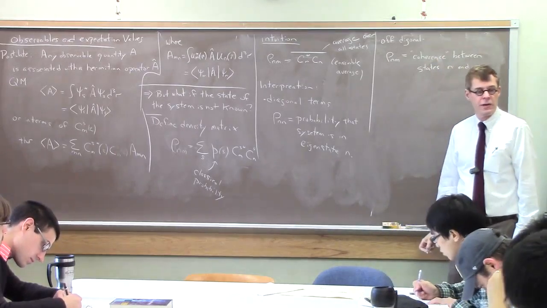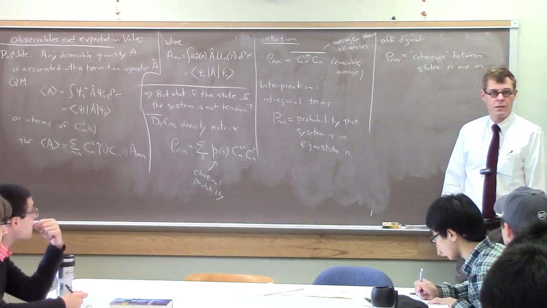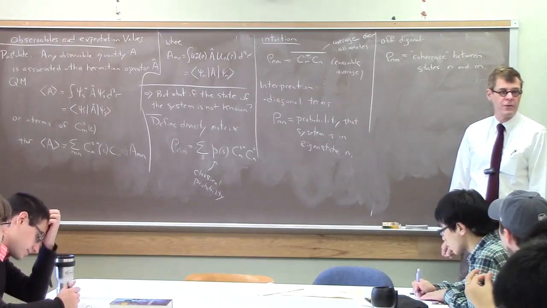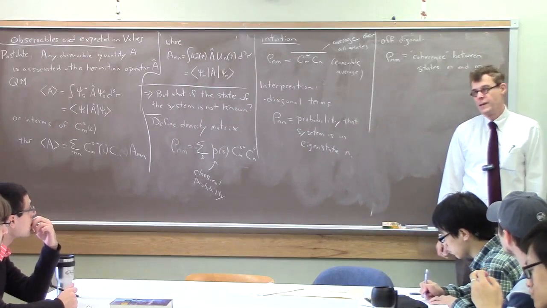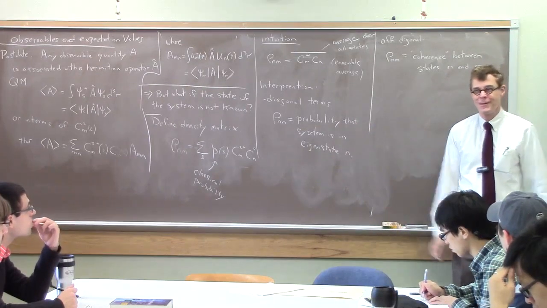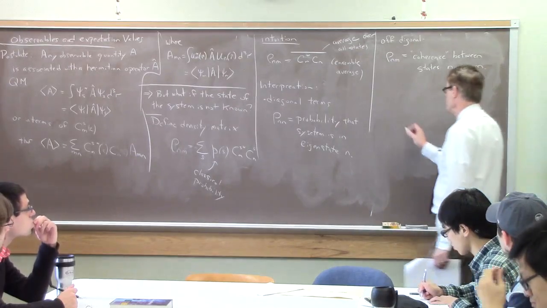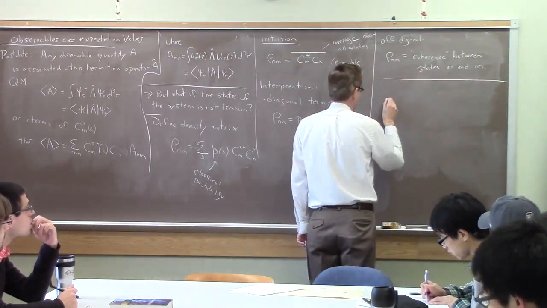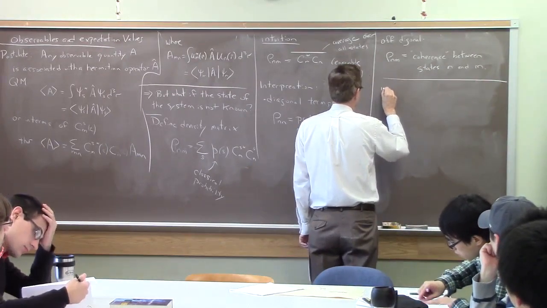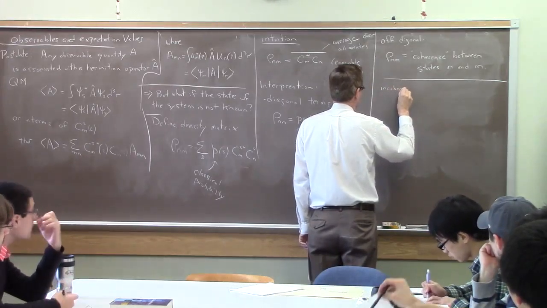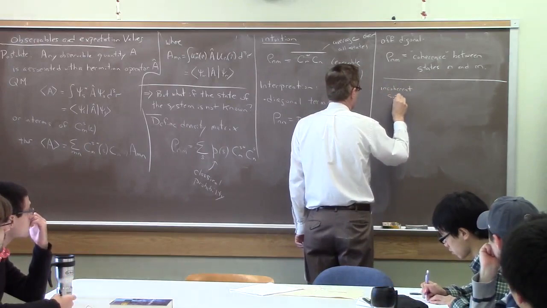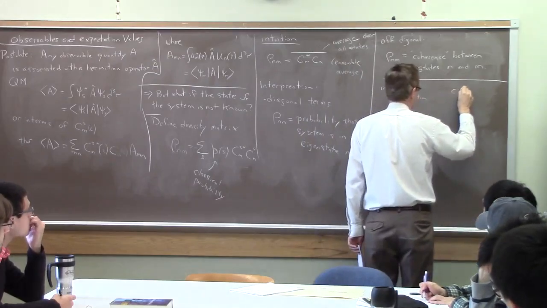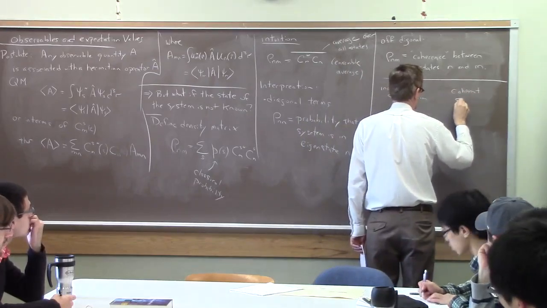Maybe I'll put coherence in quotation marks because people call it coherence. For lack of a better name, off-diagonal element of the density matrix maybe is a better name than coherence, but its other name is coherence. And let me show you that you can have an incoherent superposition, or you can have a coherent superposition.